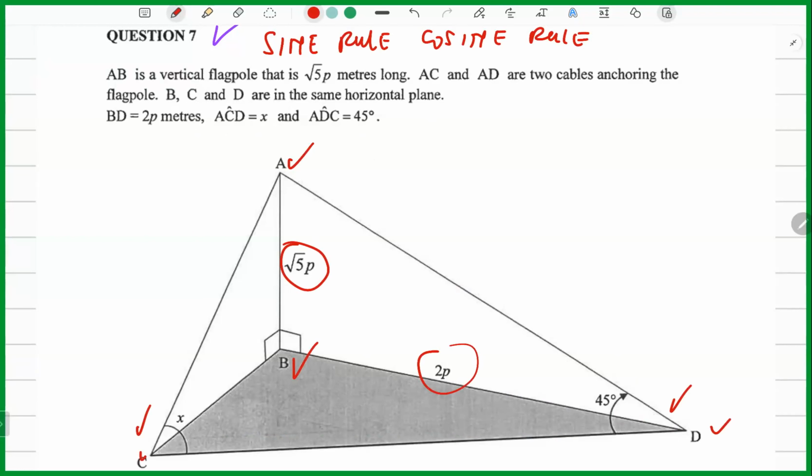And ACD is X, this one here. So that's A, C, D, and that angle here is X. Right, so we have something like that. Okay, just familiarizing ourselves with the shape and the figure. ADC is 45 degrees.